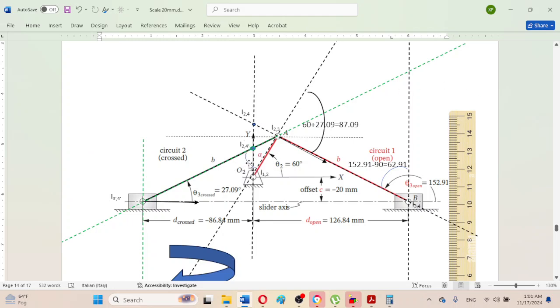That method has been explained many times, so I hope you will not find any problem measuring these angles with a protractor. But I am explaining the angles here using the trigonometric technique. Again, this angle is 60 degree, so this alternate complete angle up to this crank will be 60 degree. And here this angle is 27.09 degree of the connecting rod with the horizontal, so this alternate angle will also be 27.09. So this angle will be 60 minus 27.09.